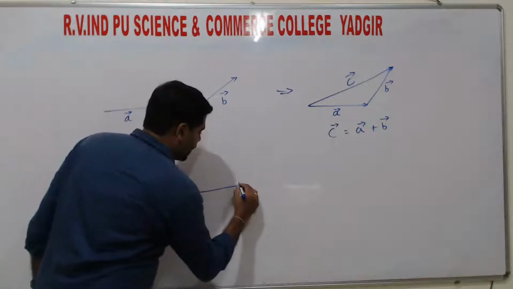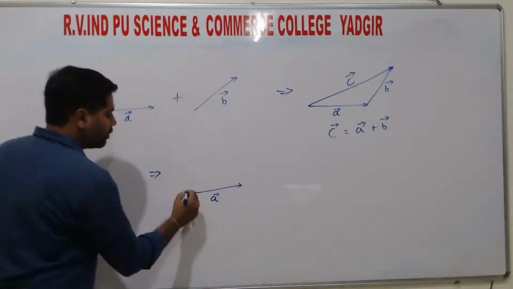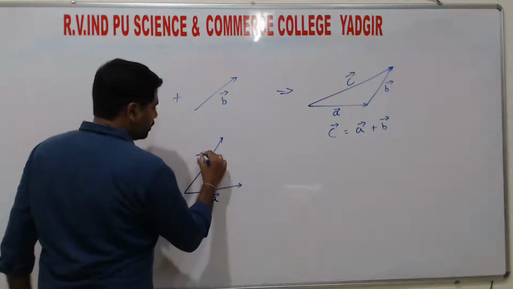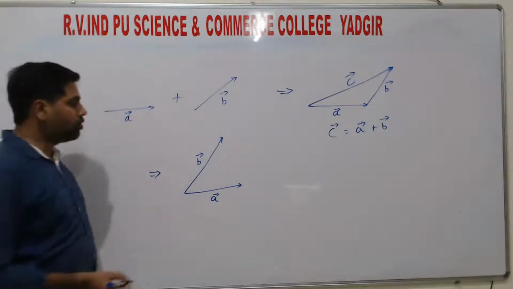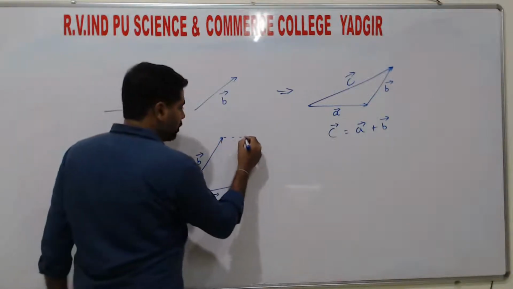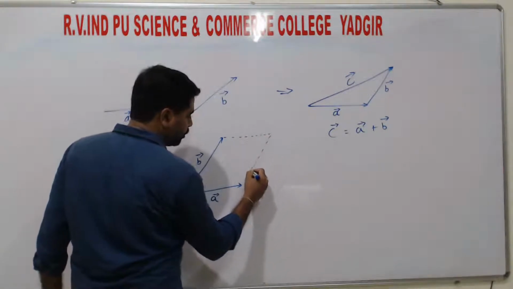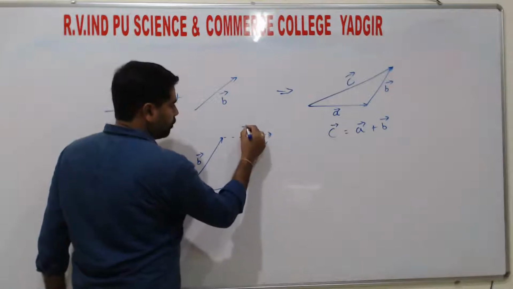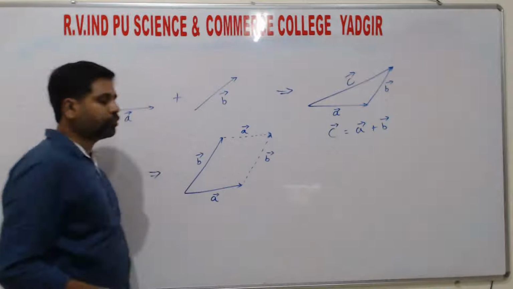So here is vector A, and this becomes vector B. Now if we complete this parallelogram by drawing parallel sides, we get one parallelogram, with this vector A and this vector B.